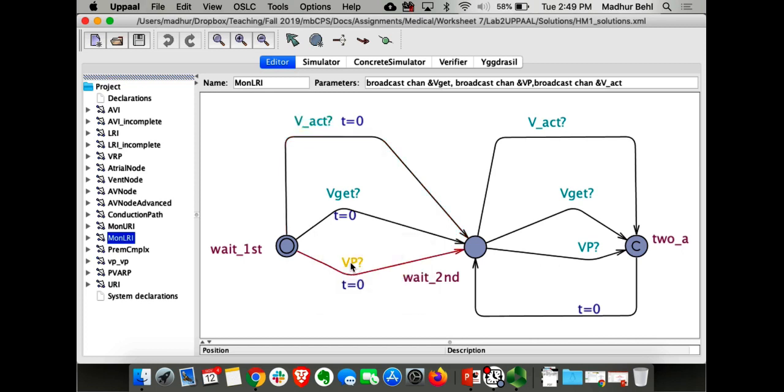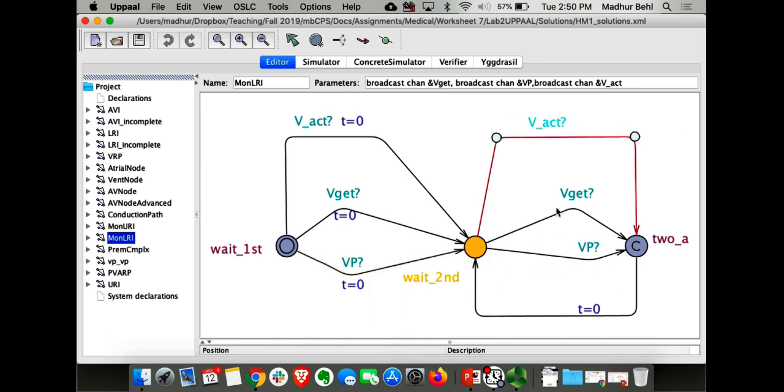Those are all the possibilities for the ventricles to depolarize. On each one of them, we transition to another waiting state called wait second. And notice how on each one of them, we are starting a timer t equals 0. So think of this as the first instance: whatever be the cause, you transition and start a timer.